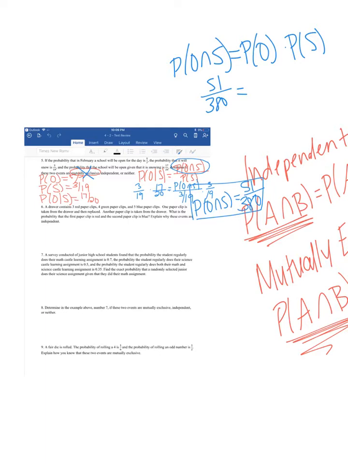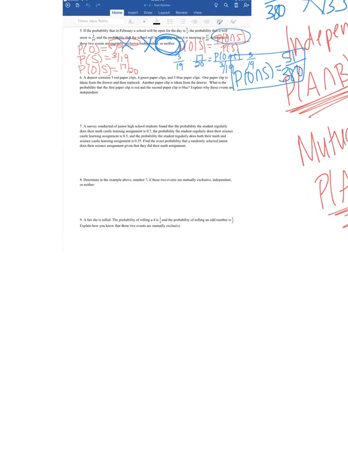This should be equal to 5 out of 7 times 3 out of 19. So I get 51 out of 380 is equal to, here this is 15 out of 133. These two are not equal, so it's not independent, so this is actually neither. Okay.